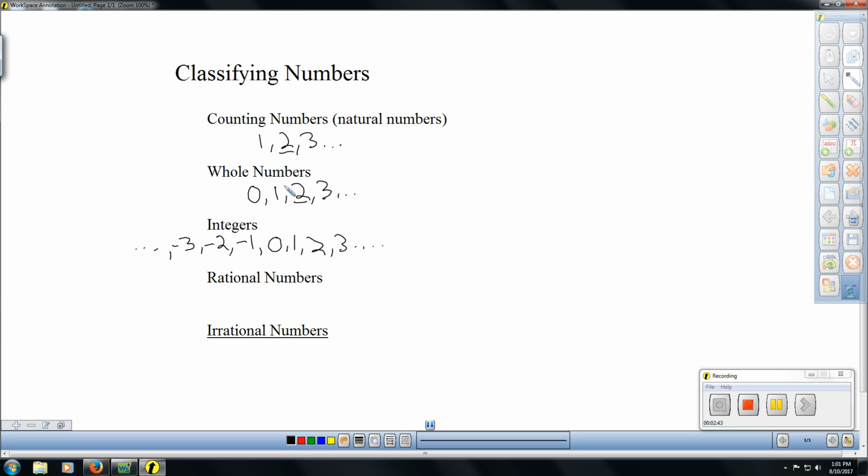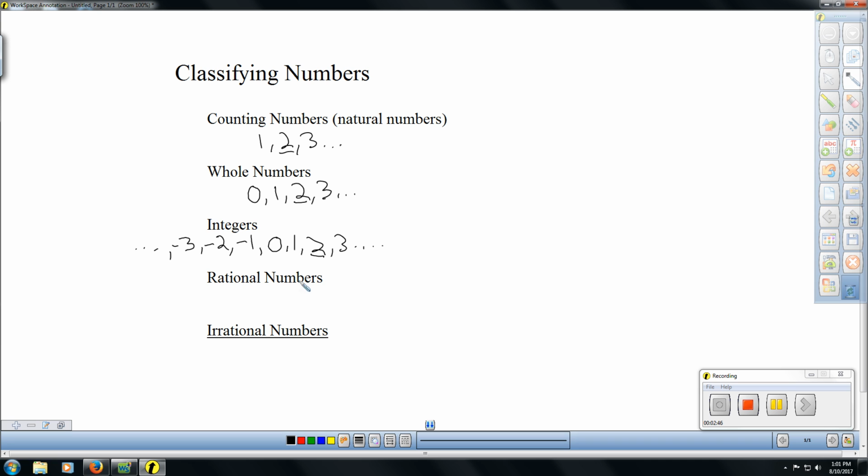That would mean it's also a whole number. That means it's also an integer. But notice negative 2 can only be an integer. It can't be whole and it can't be a counting number. We don't count with negative 2, and it also doesn't belong in the whole number group. The least number available to the whole numbers is 0.